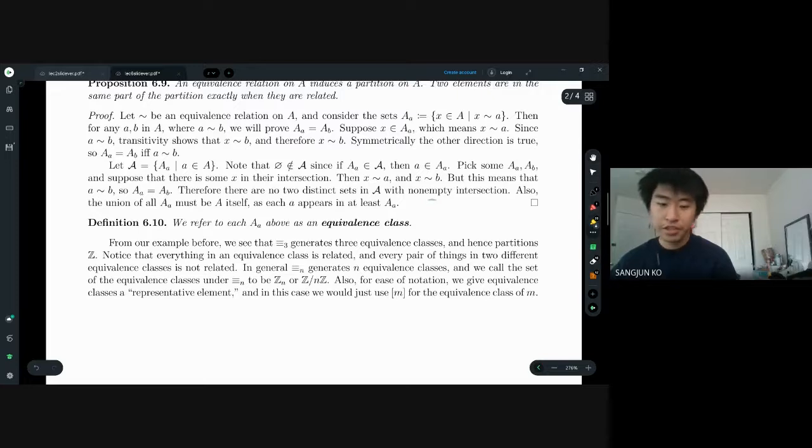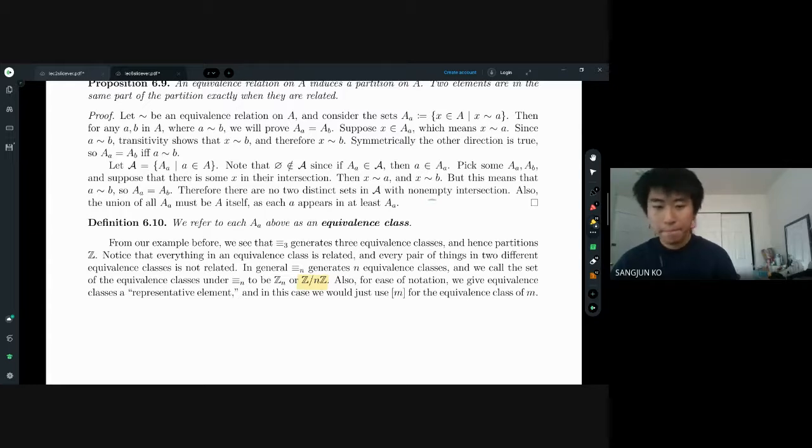This notation is used to denote quotients via an equivalence relation, but you will see this notation more when you take a course in abstract algebra.